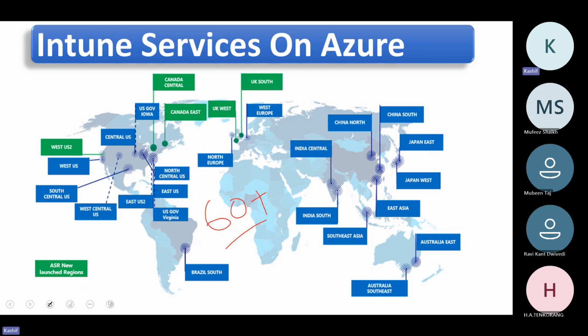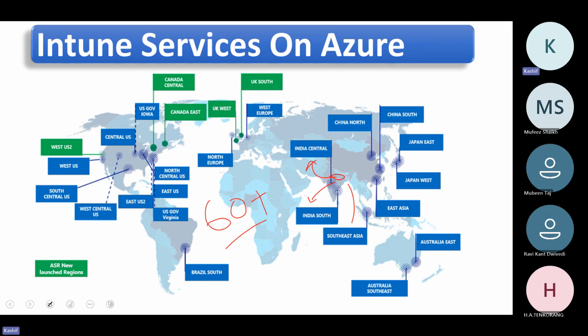So when you create your subscription, it will get created in the closest data center to your location. For example, if you are in India, your subscription is likely to get created in either India Central or India South.